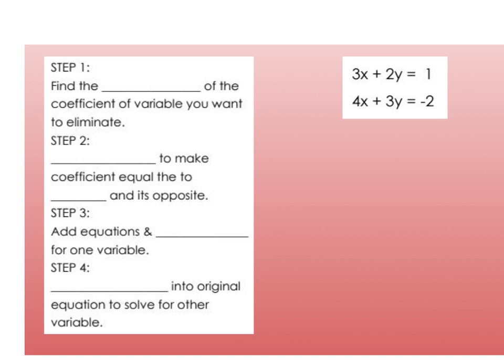We're going to find the least common multiple of the coefficients of a variable we want to cancel. So let's say I want to cancel the y. The y is here, so my LCM in this case is going to be 6, right?